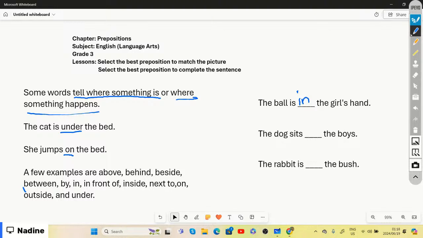The next one says the dog sits the boys. If we have two boys and the dog comes in the middle, then what do we say?